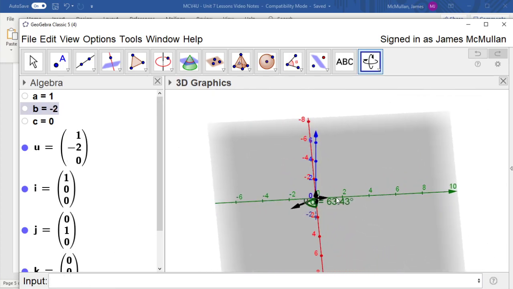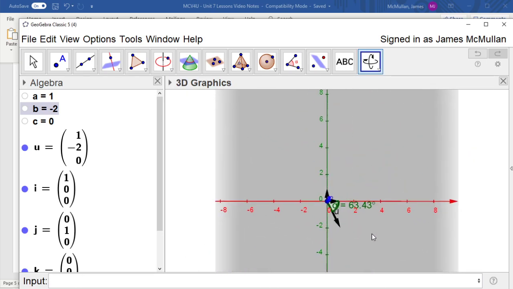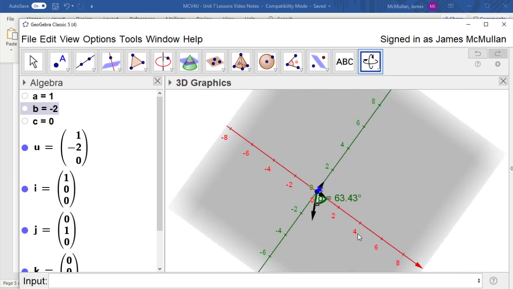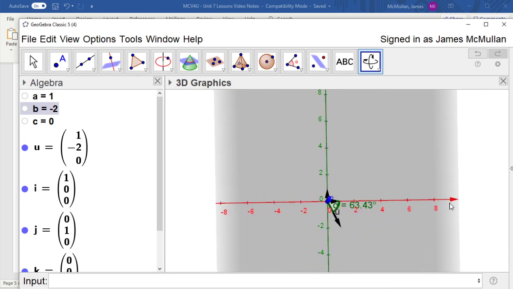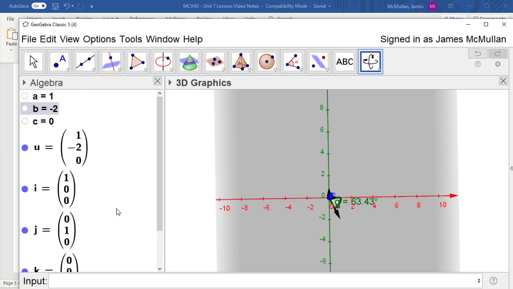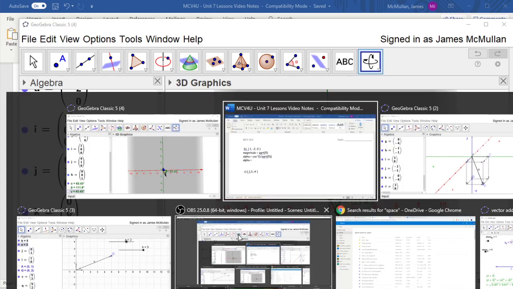Okay, so again, the angle with the positive x-axis, which is the positive red, so if we're used to seeing it like this, where positive x is to the right, positive y is up, negative x is to the left, and negative y is down. The angle with the positive x-axis is 63.43 degrees. And again, you would get that by doing inverse cos of 1 divided by square root 5. And you get the 63.43.